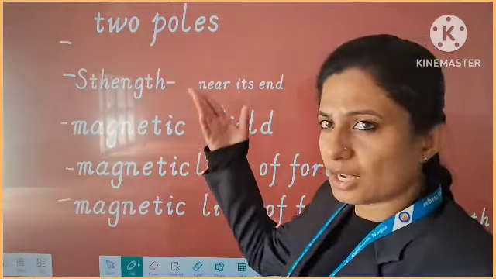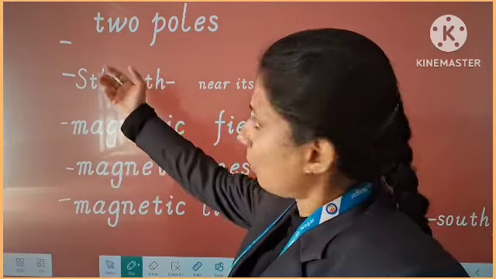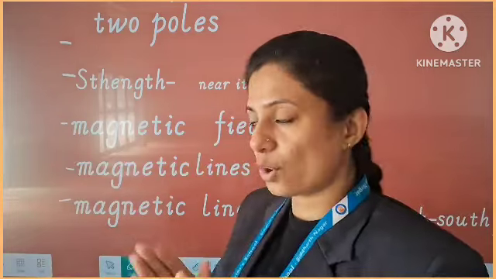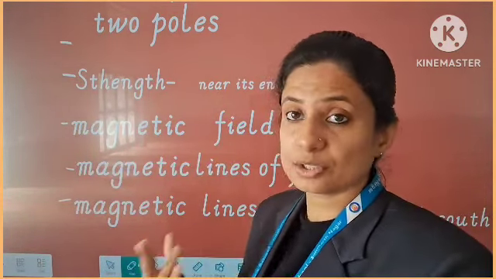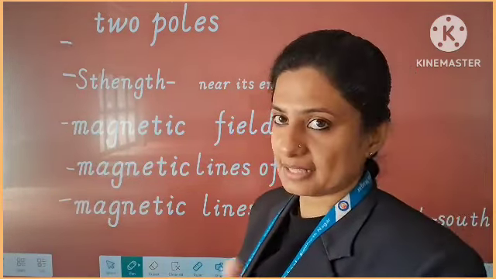Next, other properties of the magnet. First of all, the poles. A magnet has mainly two poles, a north pole and a south pole. The poles are named according to the orientation of the ends of a freely suspended or floating magnet, which, as we already said, always points in the north-south direction.